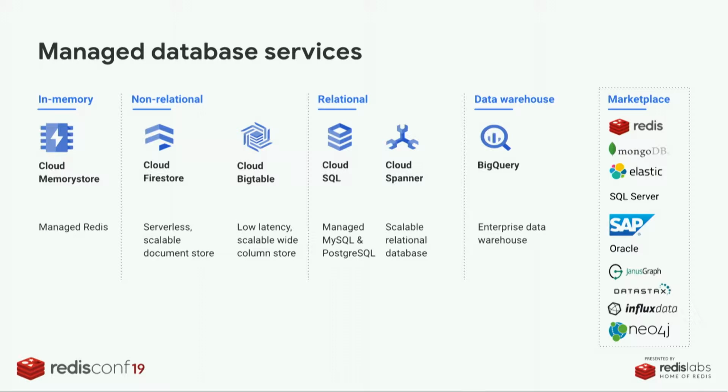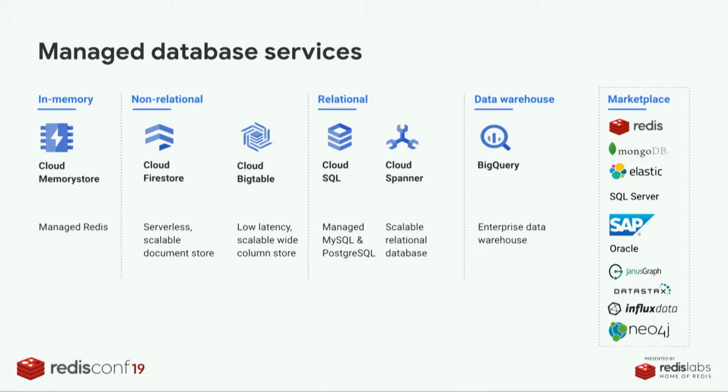And Cloud Spanner is a globally distributed relational database which can basically support massive scale. And lastly, BigQuery is our cloud data warehouse that's been used internally at Google for a long time, which is now offered as a cloud service. Beyond that, we also offer a number of different partner solutions in our marketplace.